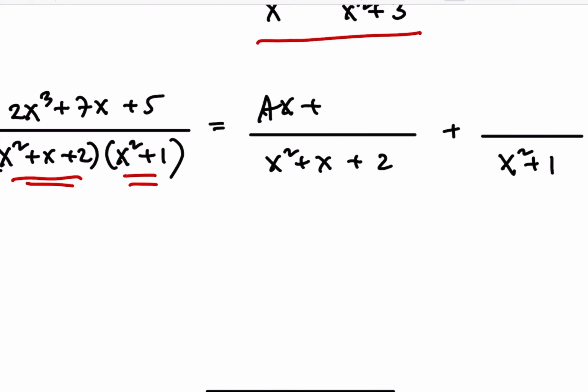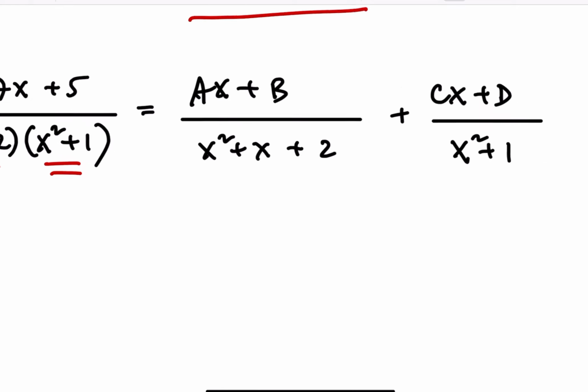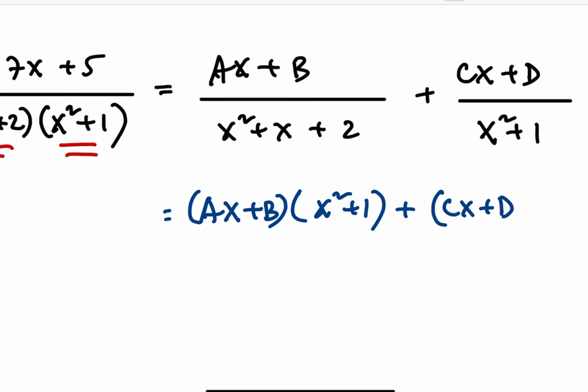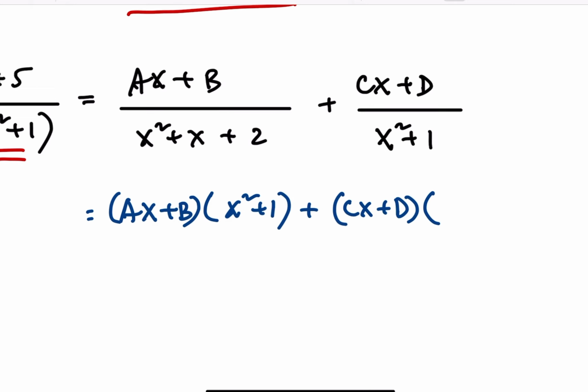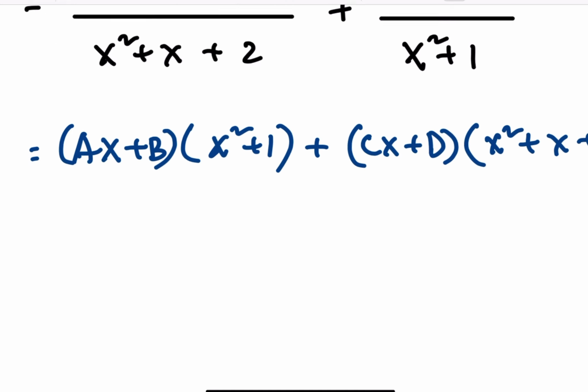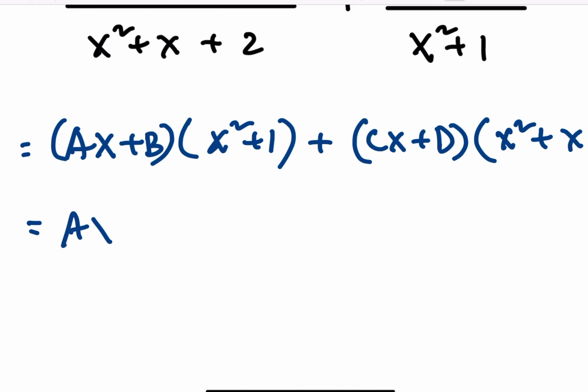So this is ax plus b, this is cx plus d. Okay, let's just calculate. So ax plus b, we need to multiply with x squared plus 1, and the cx plus d needs to be multiplied with x squared plus x plus 2. Okay, we can try to find.